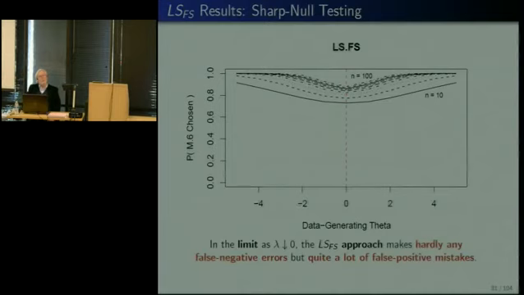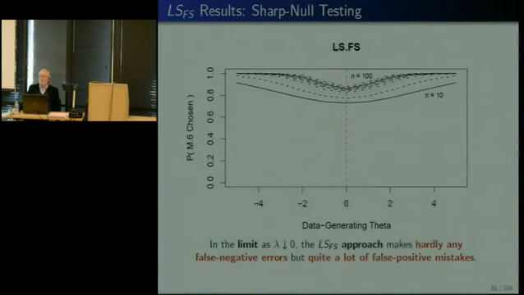In other words, full sample log scores doubt the existence of singletons. From the point of view of false negatives and false positives, in the limit as lambda goes to 0 in that earlier bioequivalence setup, the full sample log score approach makes hardly any false negative errors, but it makes quite a lot of false positive mistakes.